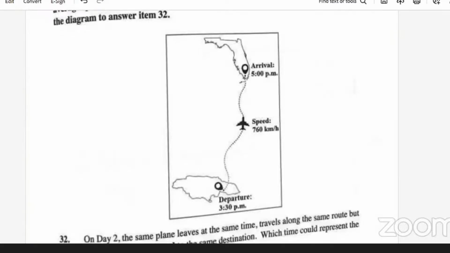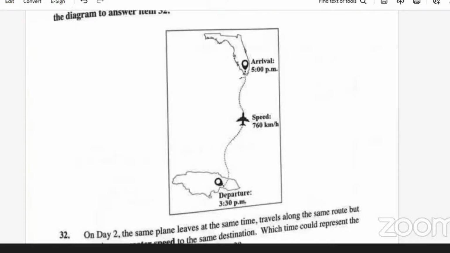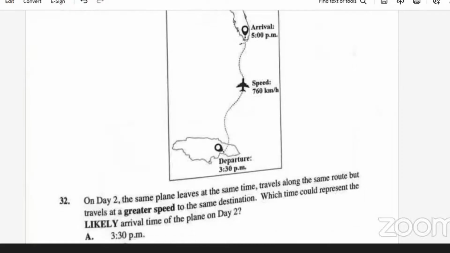It travels at a speed of 760 kilometers per hour, and it arrives at 5 p.m. I wonder if you are able to tell what countries these represent. On day 2, the same plane leaves at the same time, travels along the same route, but travels at a greater speed to the second destination. Which time could represent the likely arrival time of the plane?